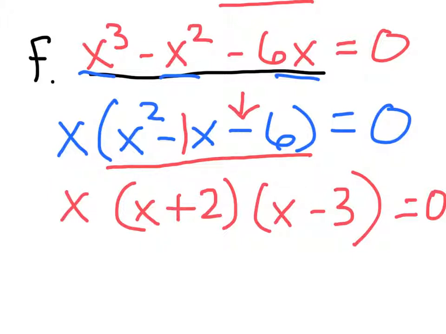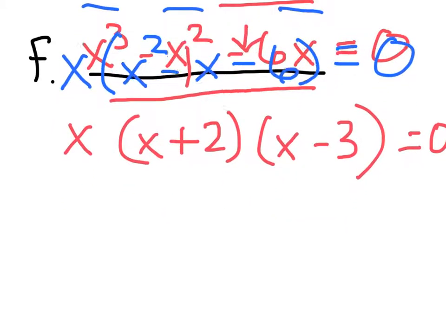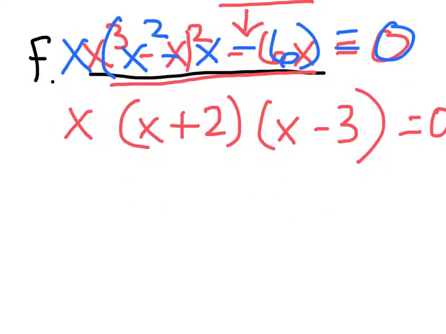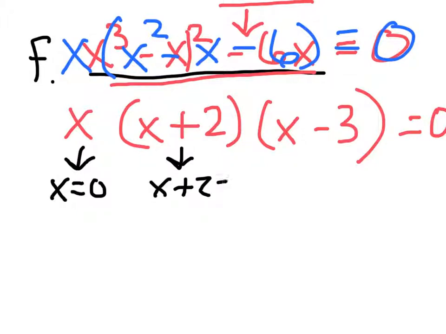So now it's factored. So now, once again, the final step on all of these is once I have it factored, I'm going to set each piece equal to 0 and solve. So I have x equals 0, x plus 2 equals 0, and then x minus 3 equals 0. Now I solve it.